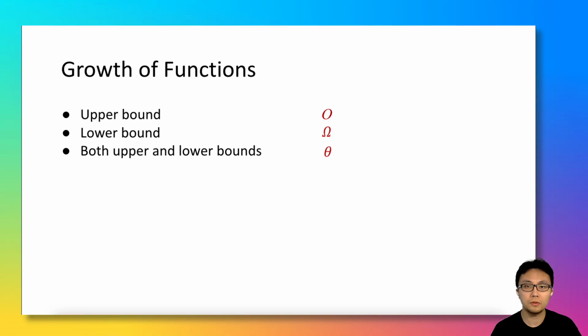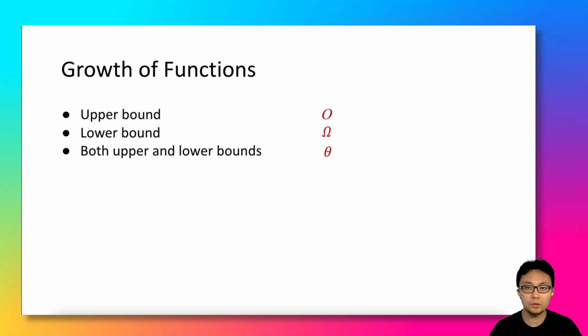We will map them to the symbols, as you can see on the screen. The upper bound will be denoted using big O and the lower bound using omega. Sometimes a time complexity function happens to have the same upper and lower bound. In that case, it will be denoted using theta.